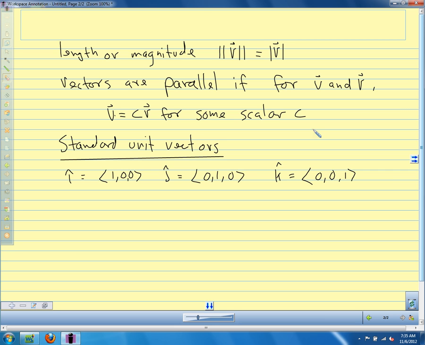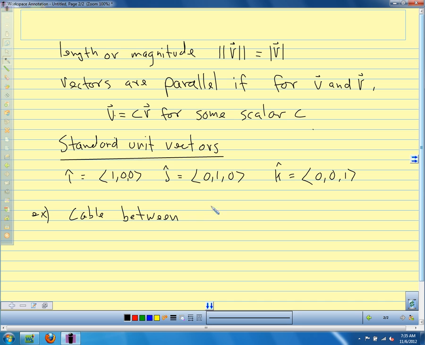So I just wanted to look at one quick idea that often gives a little bit of confusion. Let's say we have a cable, and our cable is stretched between the points, and I'm just making this up here.